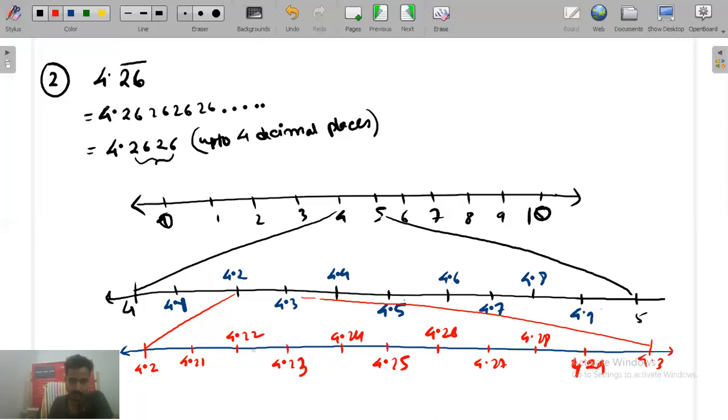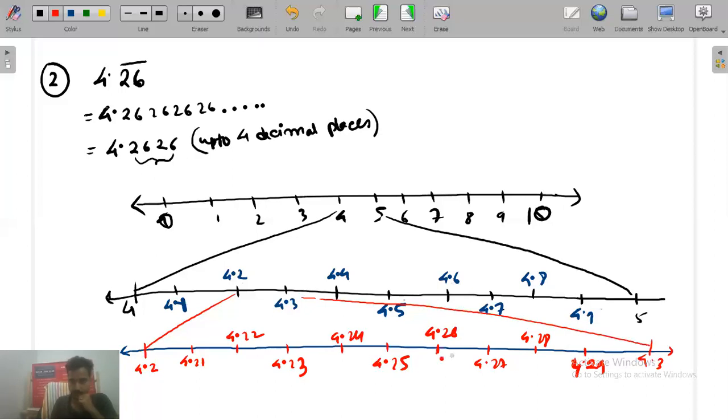It will lie between 4.26 and 4.27. 4.2626 is greater than 4.26 but less than 4.27.